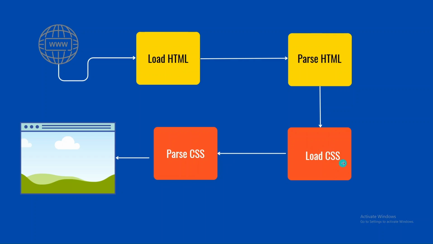Then it begins to read the rules that you set in the style sheet. Once it reads the rule, it looks at the HTML element that the rule needs to be applied to and then displays that style on your web page. Alright, so that is how CSS works under the hood.